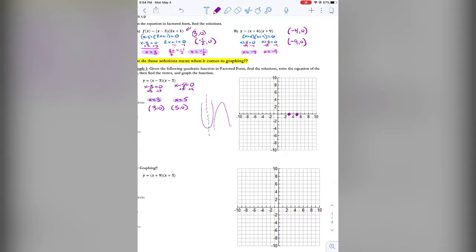So if our 2 points are at (3, 0) and (5, 0), then our axis of symmetry is directly in the middle of the two. So you can just ask, what's the middle of 3 and 5? You take 3 plus 5 divided by 2, and you get 8 divided by 2, or 4. So your axis of symmetry is at x equals 4.